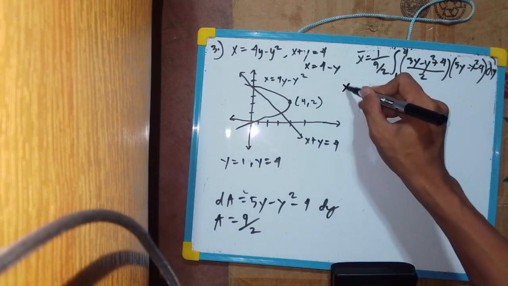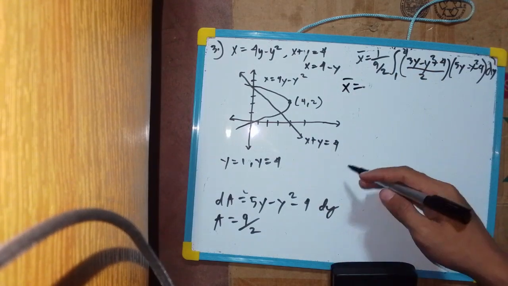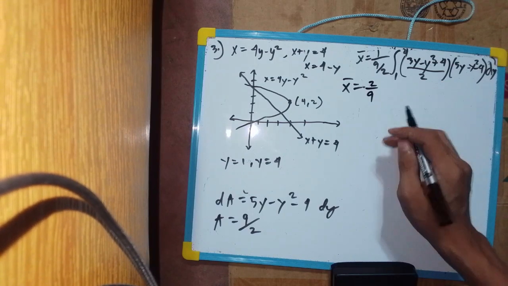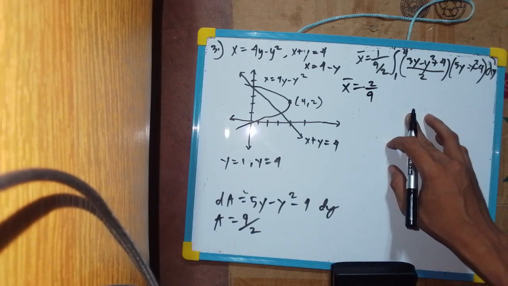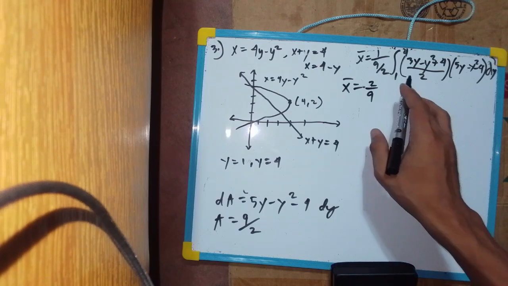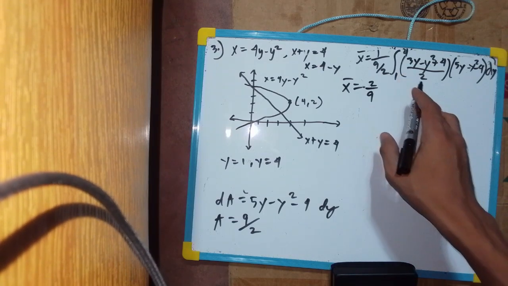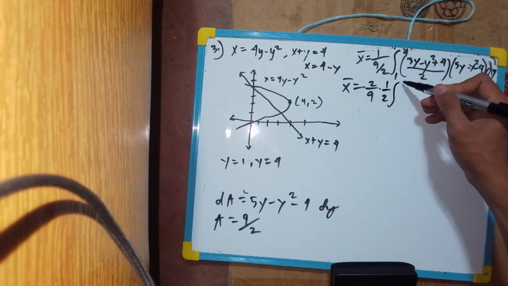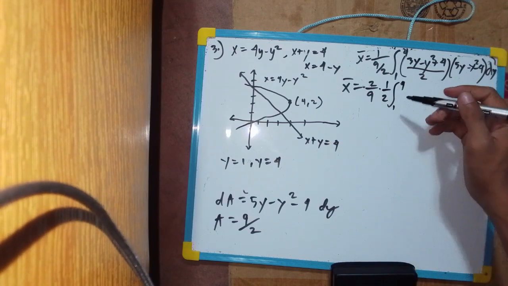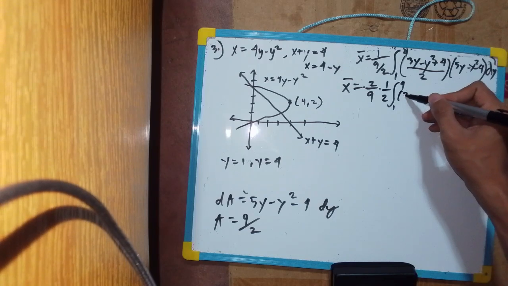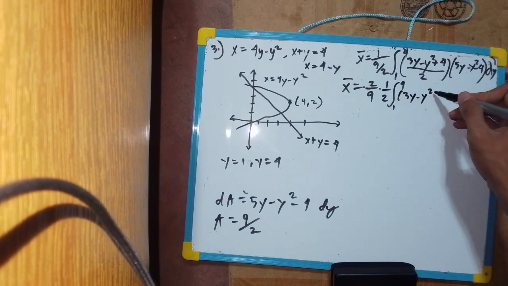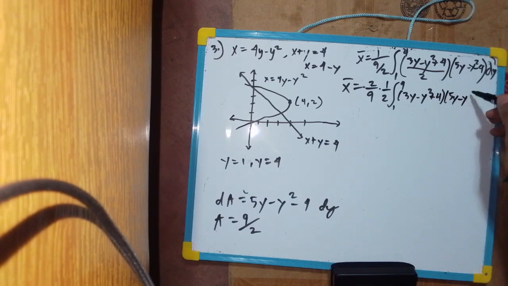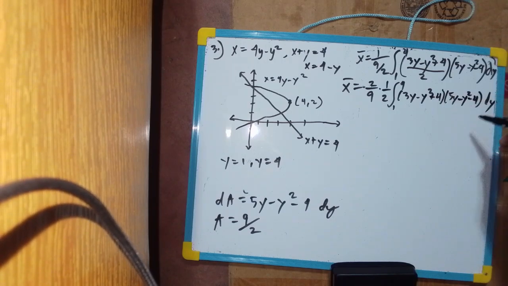So the integral now becomes 2 over 9. Let's get rid of the constant, the 1 over 2, so multiply 2 over 9 by 1 over 2. So we're left with 3y minus y squared plus 4 times 5y minus y squared minus 4 dy.